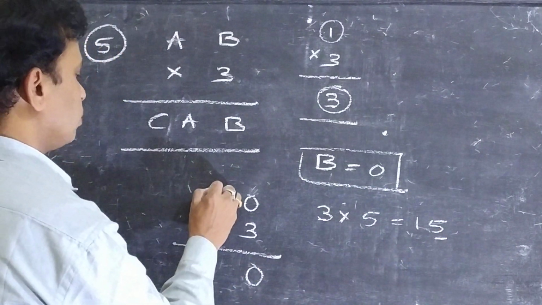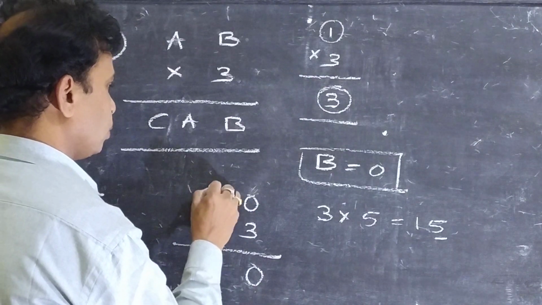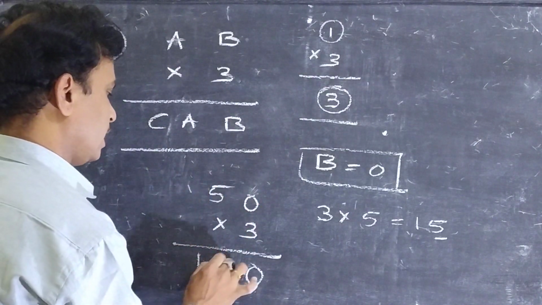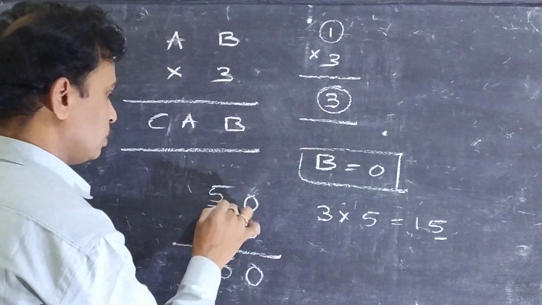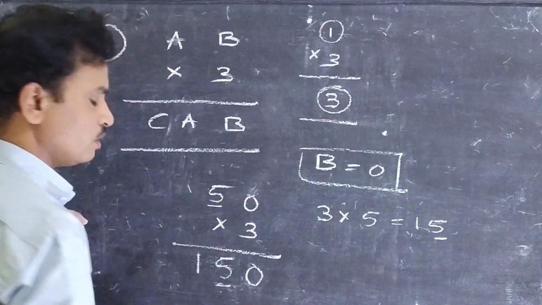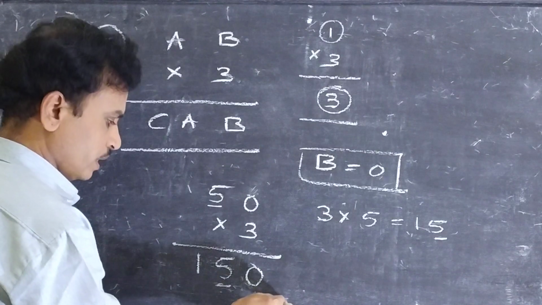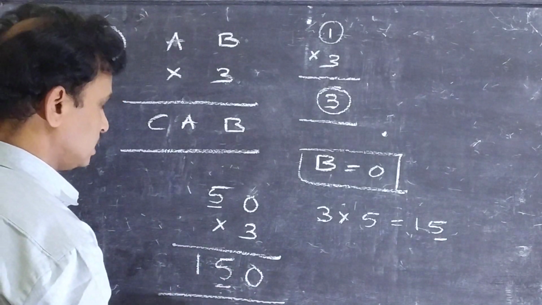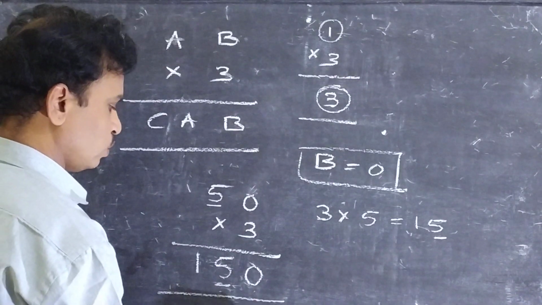That means here we should take a 5. 3 fives are 15. Here also we got 5. Then here also we got 5. So therefore A is equal to 5.